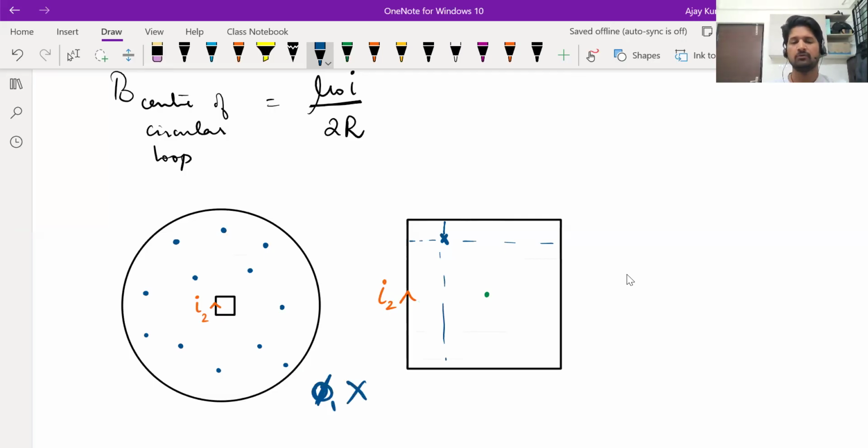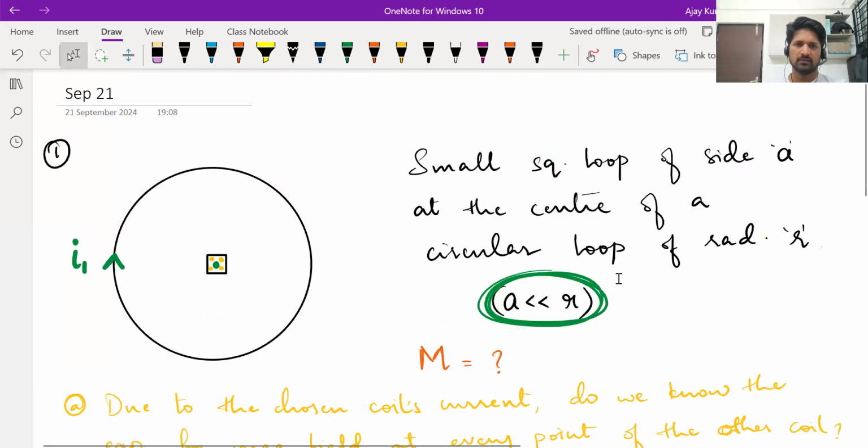It will be produced, but we won't be able to calculate it, because there are some points inside the square loop, and some points outside the square loop. All of them fall within the circular loop and all of them will contribute to flux, and we won't be able to calculate that. So by taking current in the square loop, it won't be possible to calculate flux in the circular loop and get mutual inductance. So we have to proceed this way.